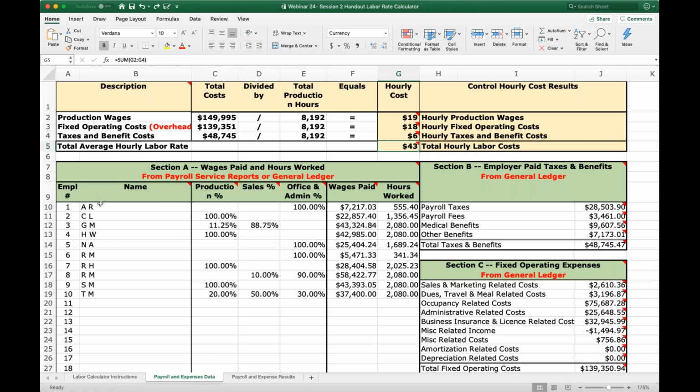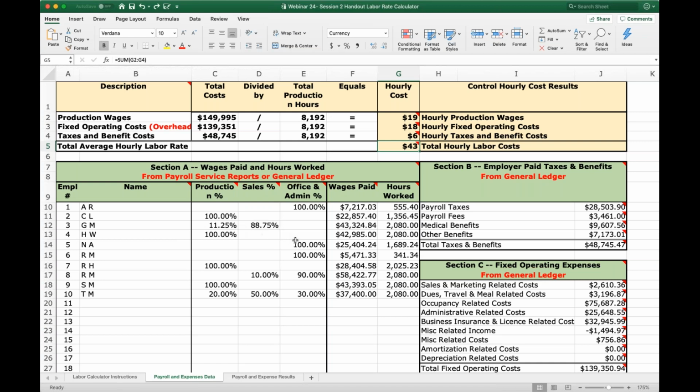So this is the data, the payroll side that affects this top row. Here, we're trying to say, where does this person work? What do they do? It says that they're 100% involved with the office and administrative side. This one is 100% involved in production. This one splits their time between production, 11.25%, and sales at 88%.